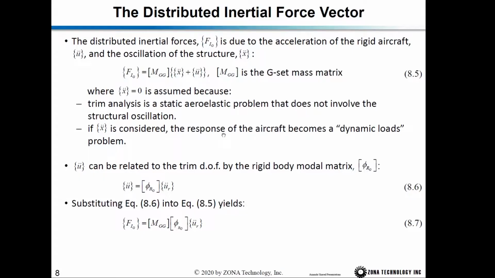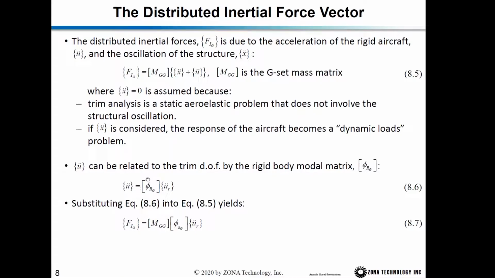So in ZAERO, the maneuver loads module, the gust loads module, and the store ejection module all belong to the dynamic loads module. The u double dot in the G-set can be related to the trim degrees of freedom by the rigid body mode.